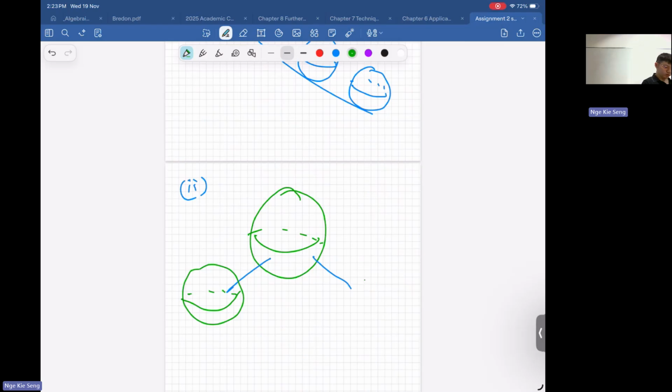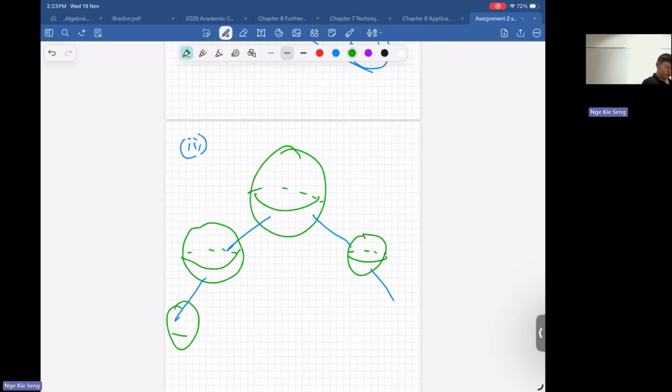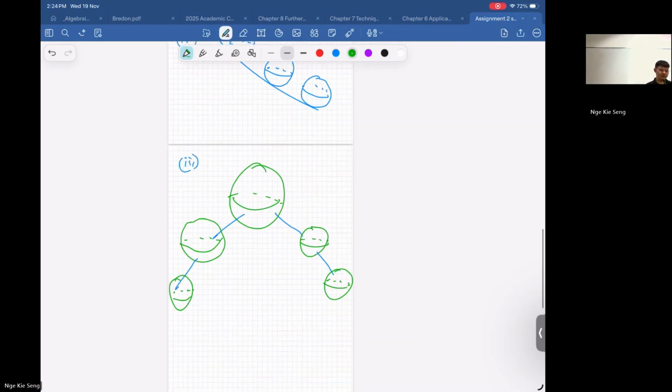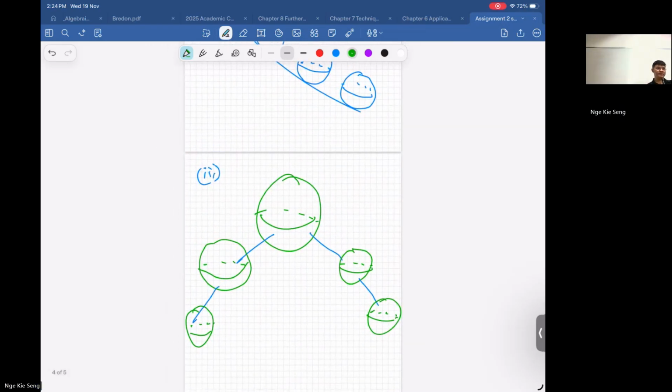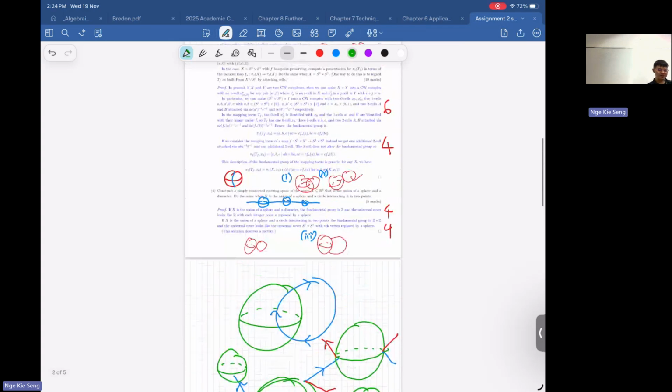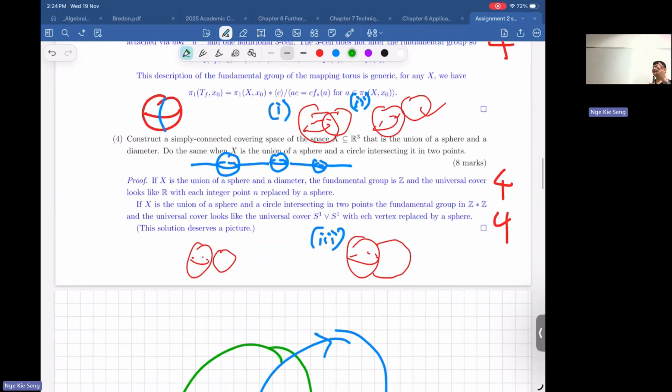Actually similar to number 2. Is it true? Can you check? Yeah, yeah, yeah. And it should be the same, right? Because the one diameter is inside, one is outside only. Should be the same.